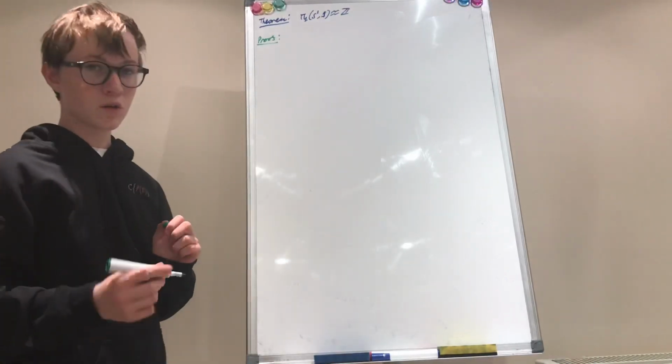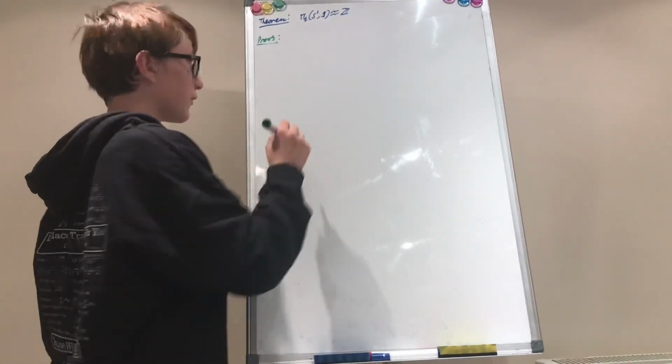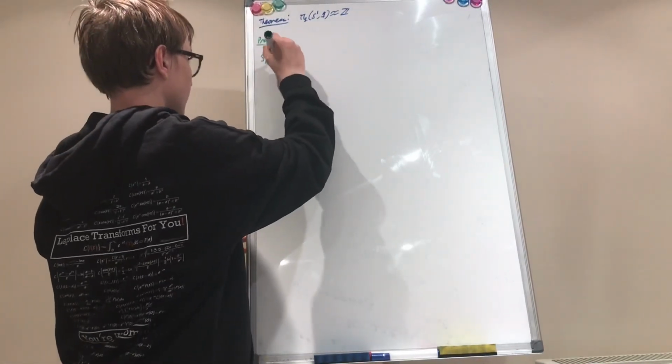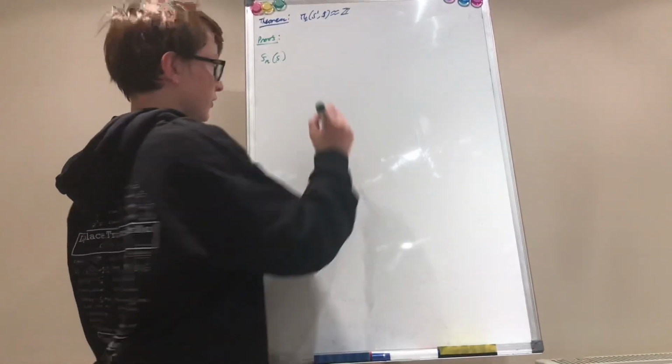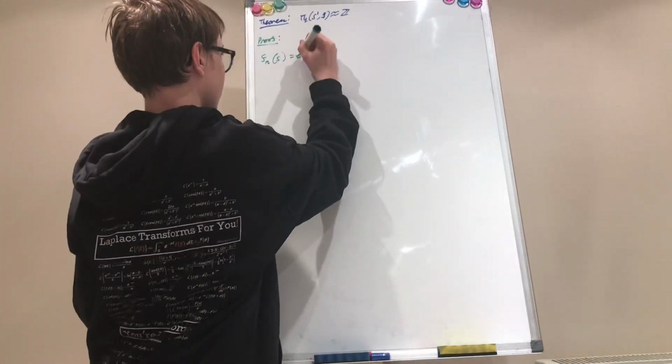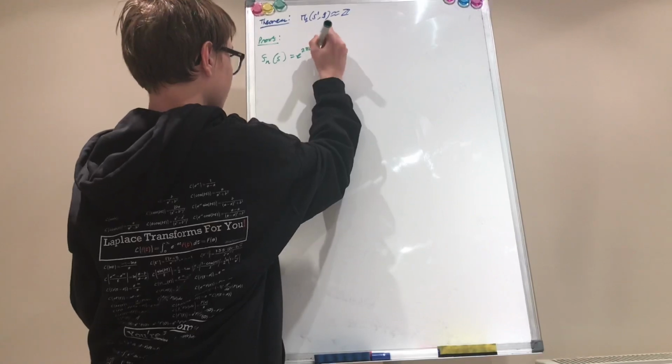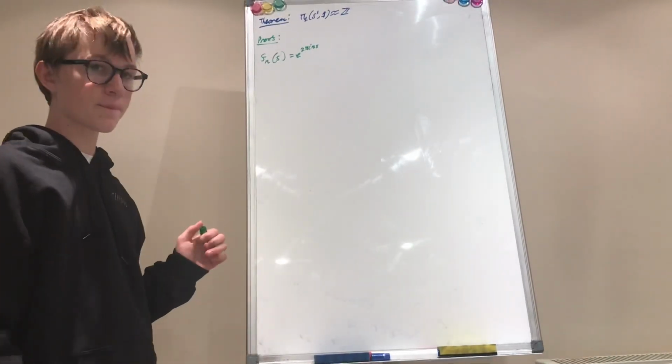Now the proof is, well, first we're going to define a loop, f sub n of s, and this is equal to e to the 2 pi i n s.